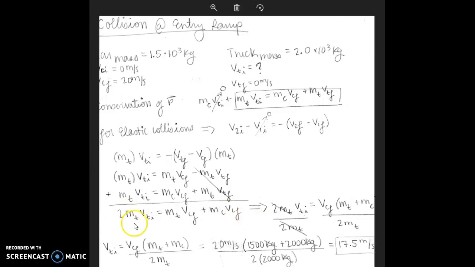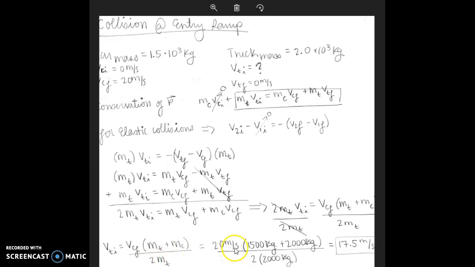We're looking for the initial velocity of the truck, so in order to find that by itself, we need to divide both sides by 2mt, or 2 times the mass of the truck, to separate this variable. In doing so, we find that the velocity of the truck initial is equal to the velocity of the car final times the masses of both the truck and the car, divided by 2 times the mass of the truck.